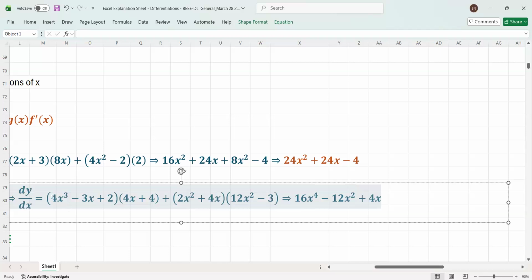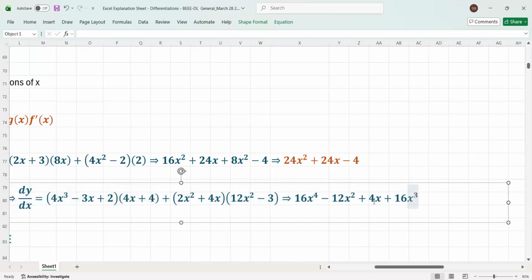So that will take care of 4x multiplying the whole of this function. Now we are left with the value 4, to do likewise. So 4 multiplying 4x cubed, sorry, 4 times 4 is 16x cubed.